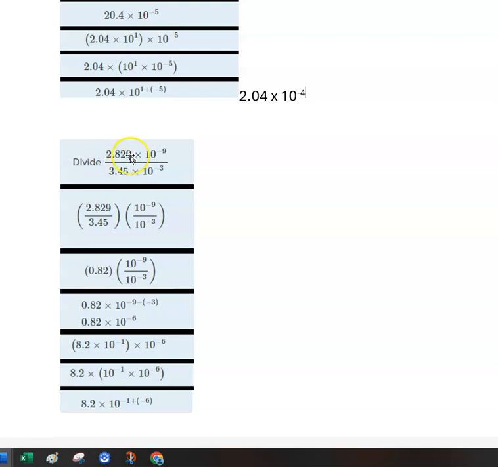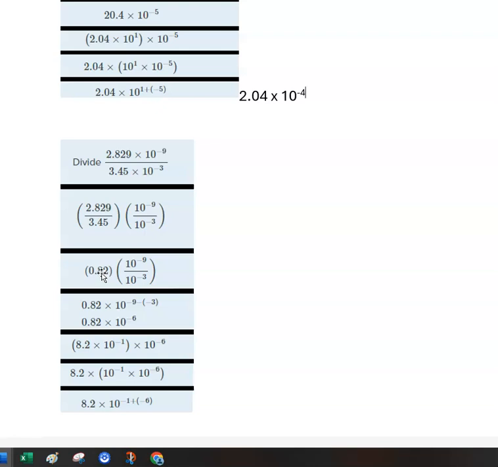So notice I've got this 2.829 times 10 to the negative 9th divided by 3.45 times 10 to the negative 3rd. So just like in my multiplication, I'm going to group the number part and group the exponent part. So 2.829 divided by 3.45 gives me 0.82.